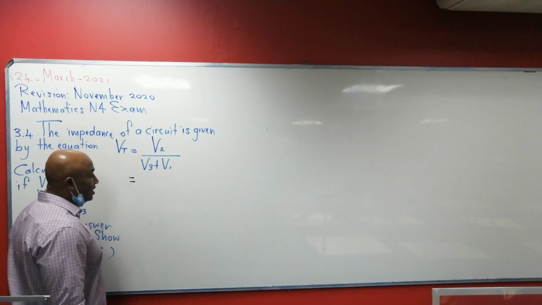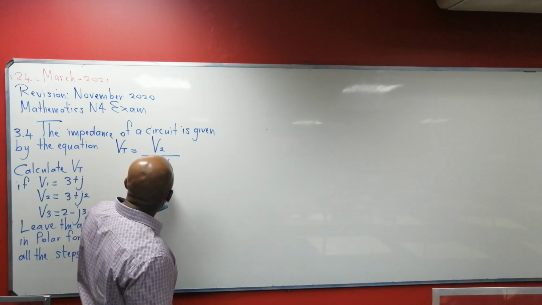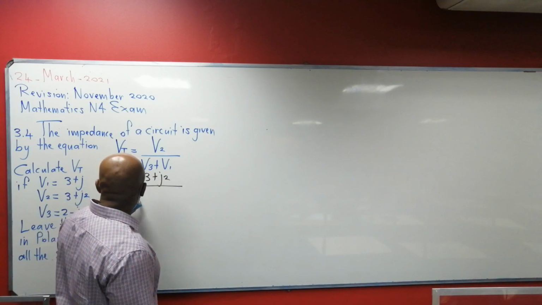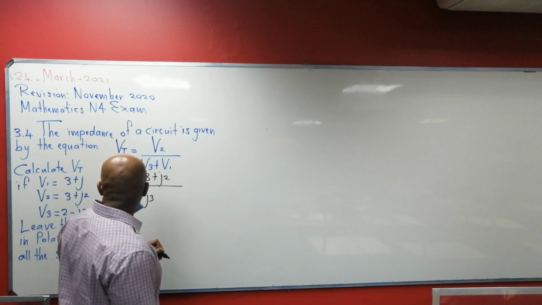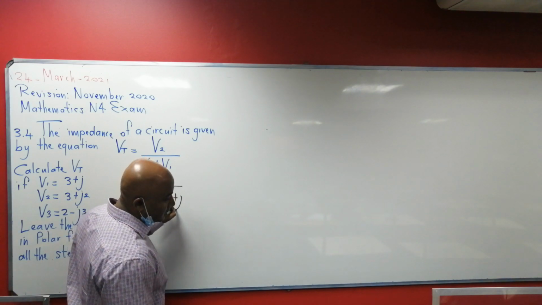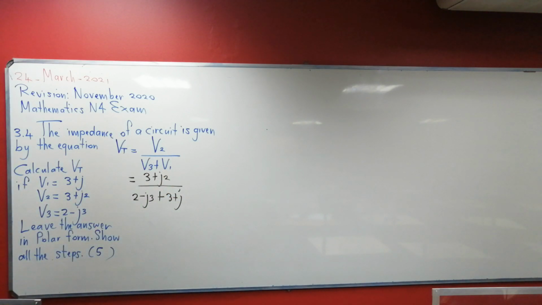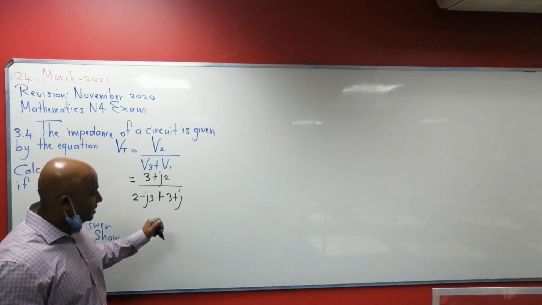So let's substitute. V2 is equal to 3 plus J2. V3 is 2 minus J times 3, or 3J. And plus V1 is equal to 3 plus J. So now, in the denominator, we can add up our like terms.